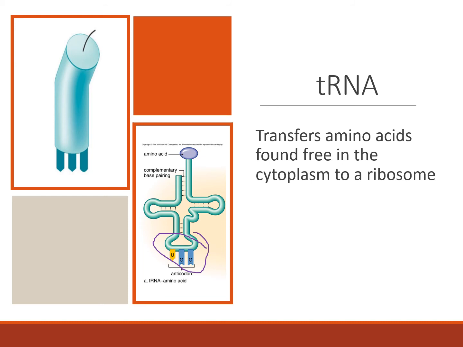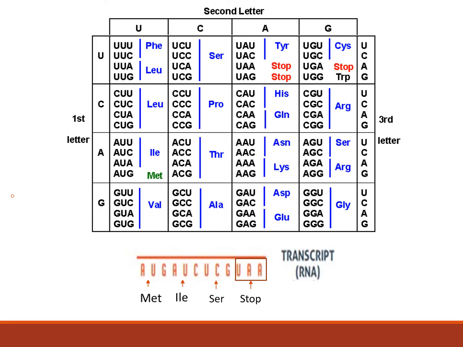So if there was a messenger RNA transcript that had the codon ACC, this particular transfer RNA with the anticodon UGG would be attracted to it, and it would bring the amino acid that codon encodes for, which in this case is threonine. So one thing I want to point out with this codon chart is that we do have redundancy built into it.